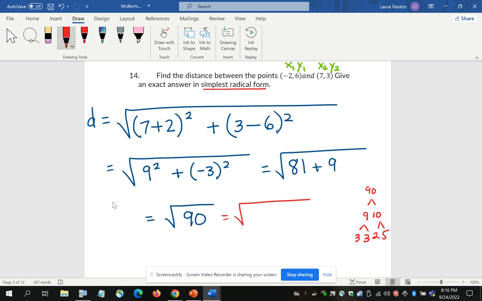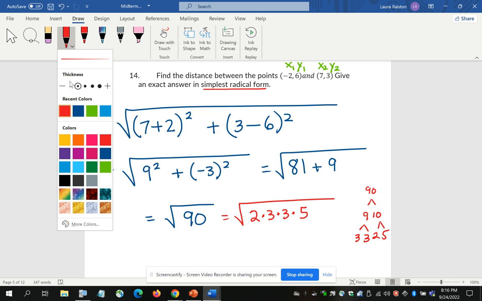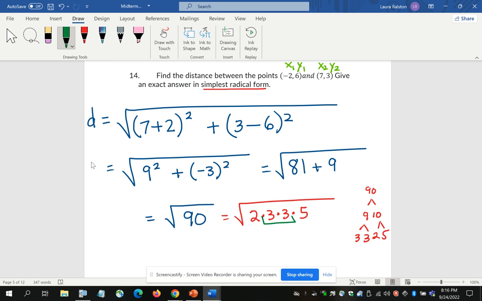So we have the square root of 2 times 3 times 3 times 5. We need a set of 2. So we have a set of 3. So it's going to get released. And 2 times 5 is 10. So in simplified form, we have 3 times the square root of 10.